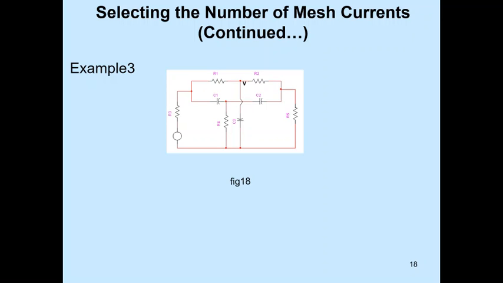And C3 is branch 3. C1 is branch 4. C2 is branch 5. And R1 is branch 6. R2 is branch 7, R5 is branch 8. So there are 8 branches here.